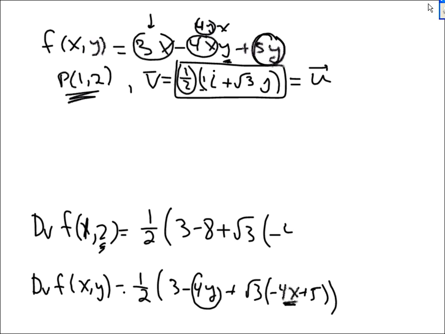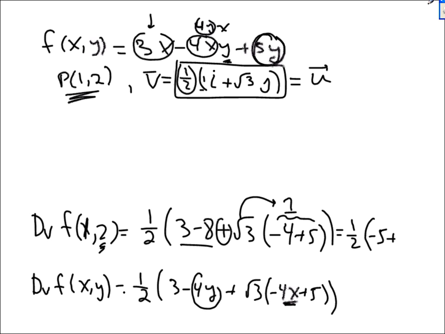Since x is 1, it's negative 4 plus 5. In fact, that's just 1. So I have the half in front. 3 minus 8 is negative 5, plus the square root of 3 times 1 is just the square root of 3. And there it is.